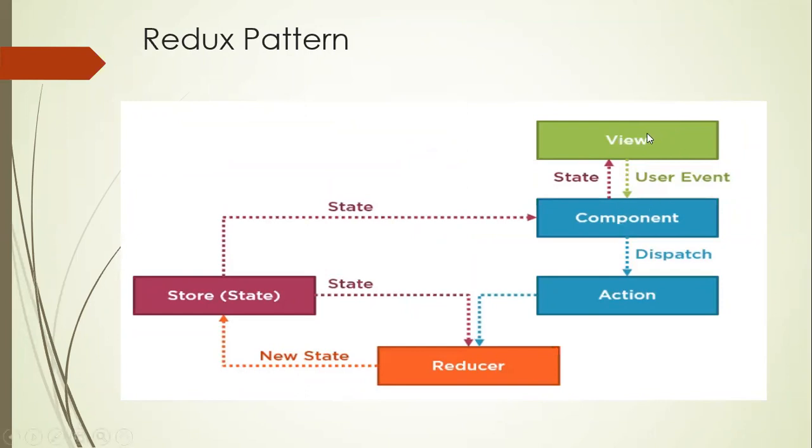We know how a view and component are connected, like the data binding we have discussed. I'm not talking about services, just a standalone component without service. On the view, whatever event happens, I will receive that in the component, and the same state will be sent back to the view.